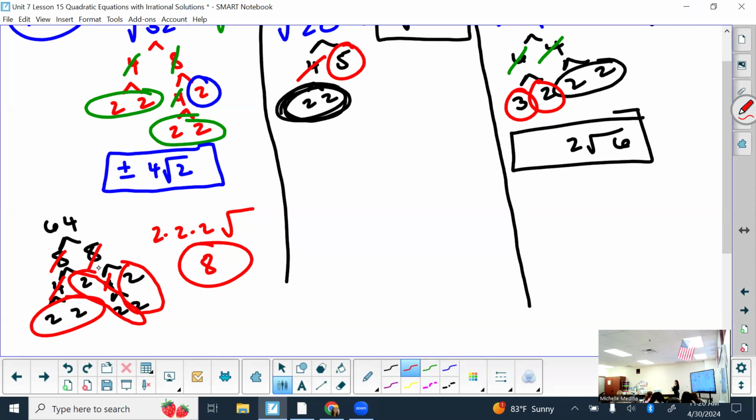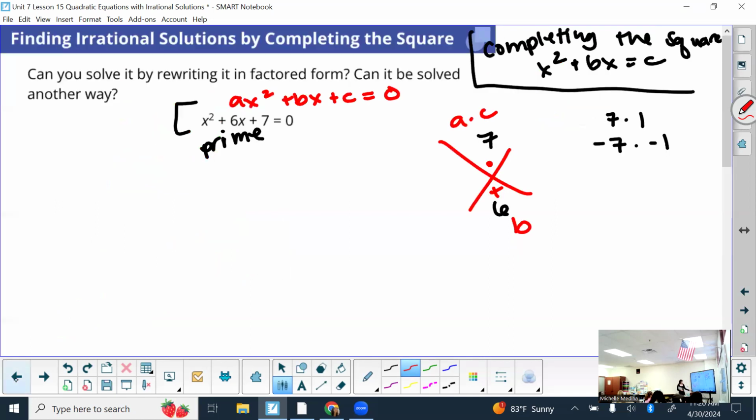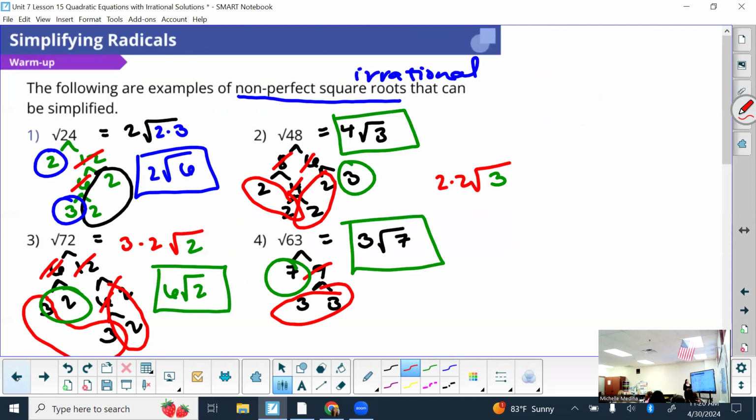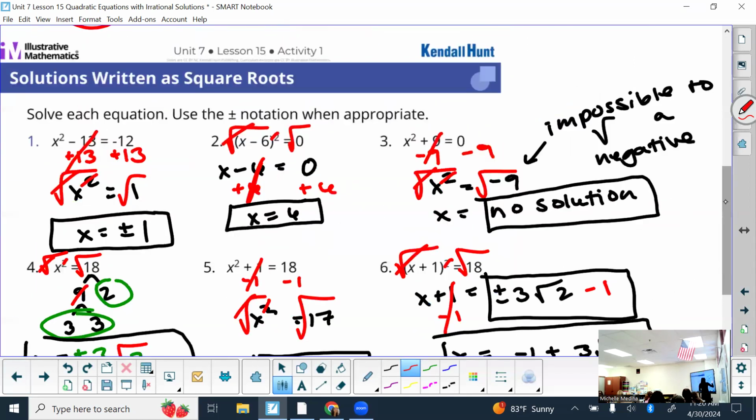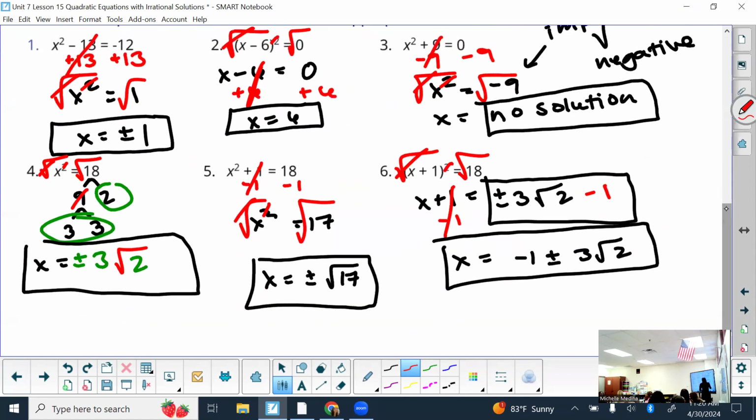Okay, so that's really it. And then just reminding you, I'll come back to this, but when you are problem solving, you're isolating the variable. So you always start with what's farther from it, undo what's being done. Sometimes you might also have to simplify the radical.